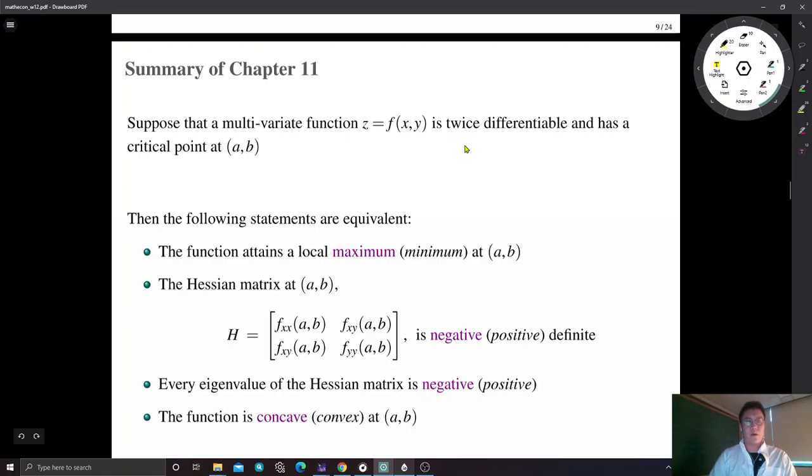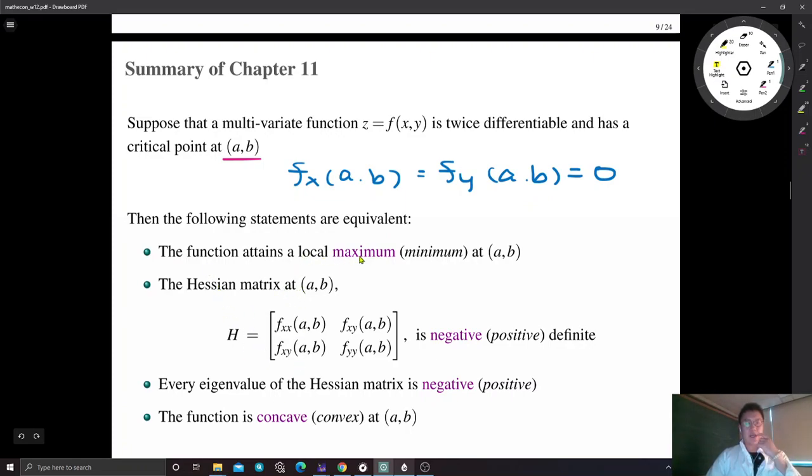So if we have a local max at point (a, b), then f sub x at (a, b) and f sub y at (a, b) should both be equal to 0. And the second order condition can be stated in different ways.